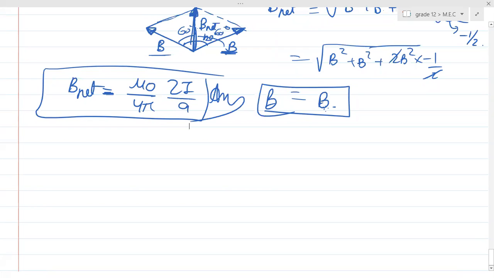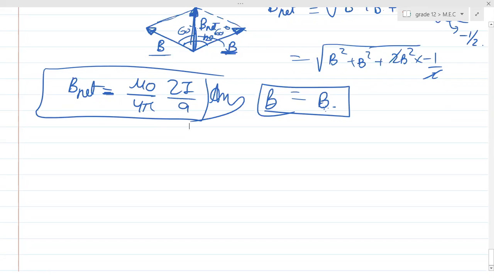Similarly, if your electrostatics is good, then this third chapter should be good. Although we are not defining magnetic potential and all. We are just talking about the magnetic field. That's why this chapter becomes very small. We talk about electrostatic potential in electrostatics, but here we don't talk about magnetic potential.